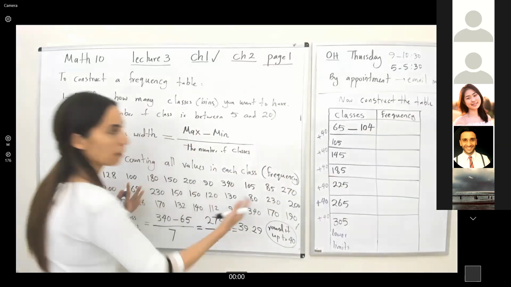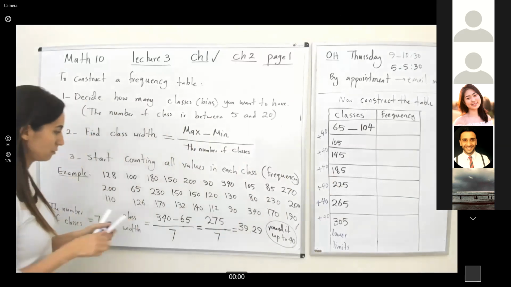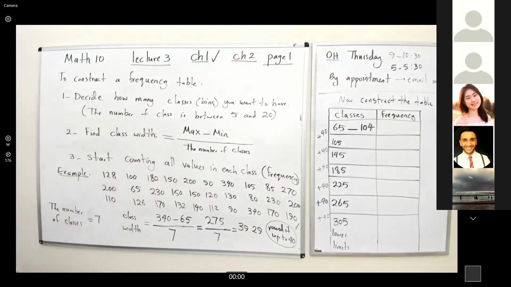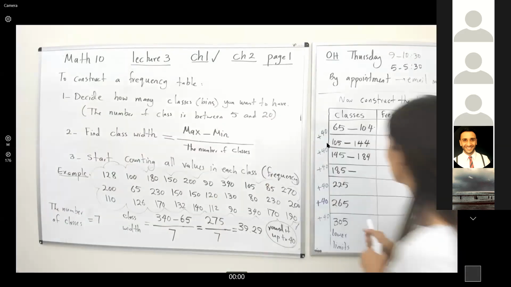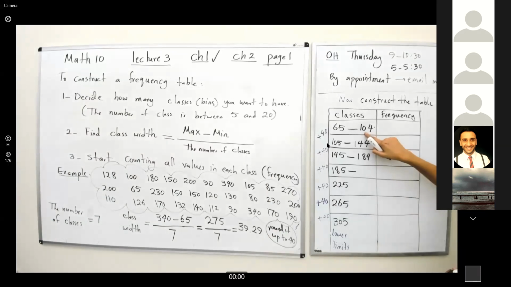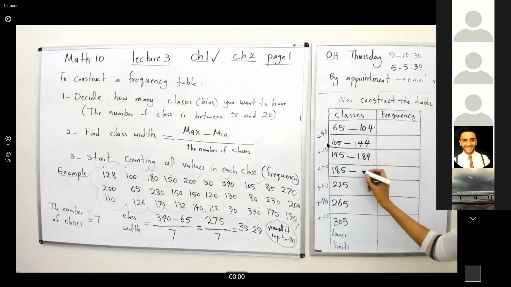Let us find them. So 104 plus 40, 144. 144 plus 40, 184. 184 plus 40, 224.